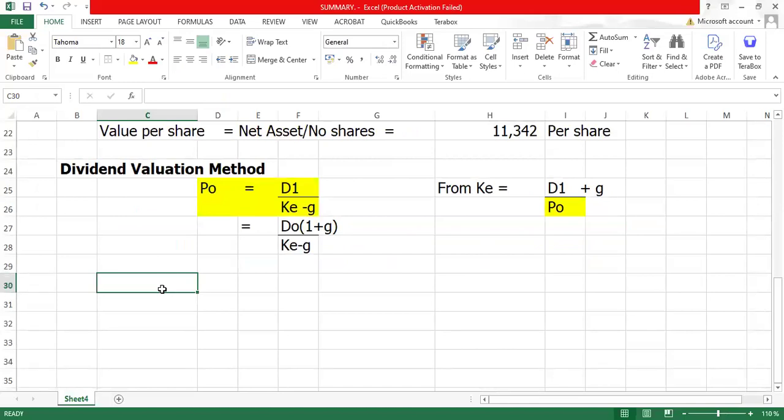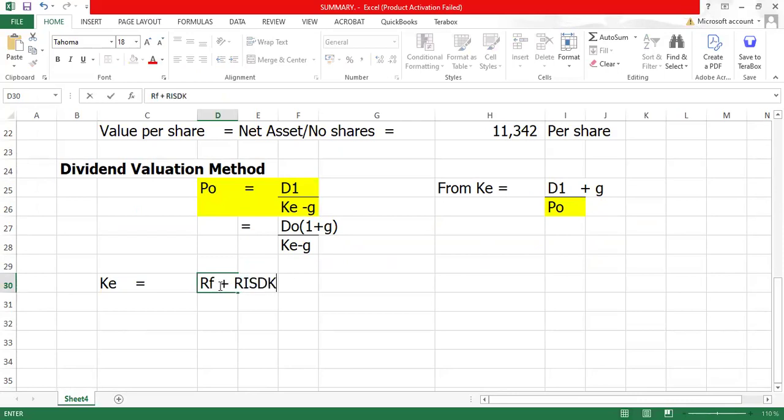Maybe if that 18% was the risk-free rate of return, then to get KE, KE is equal to risk-free rate of return, plus risk premium.